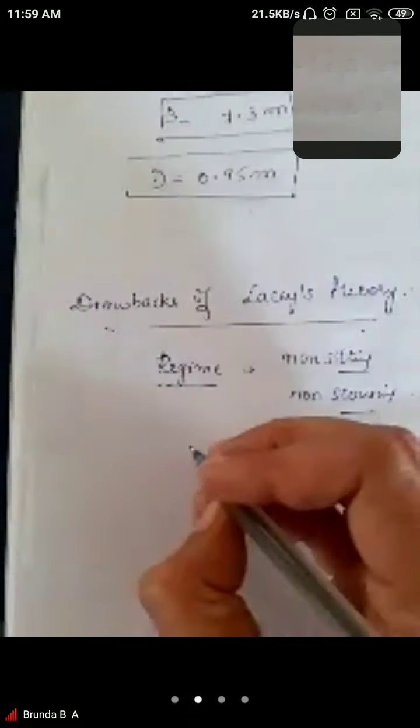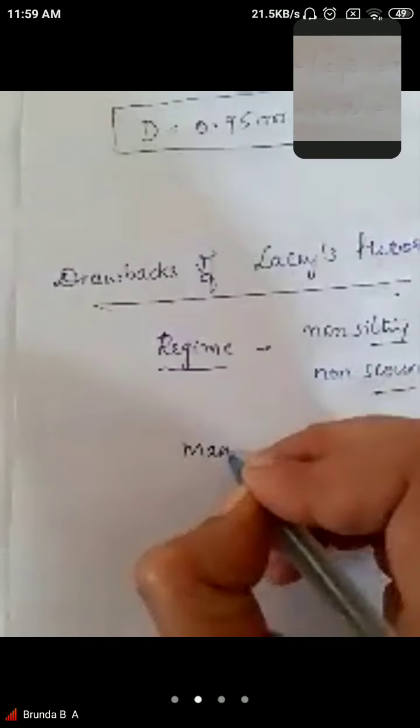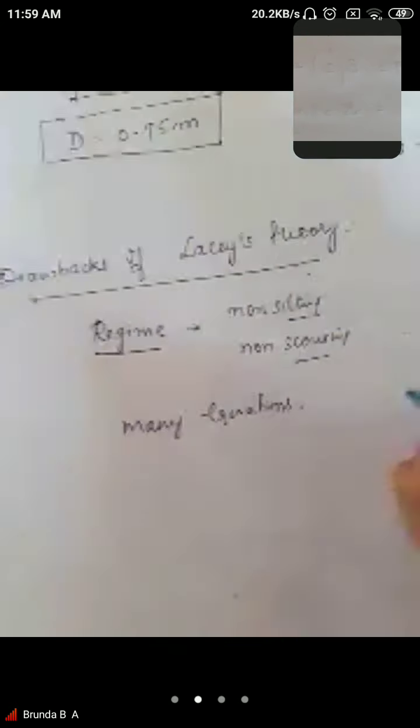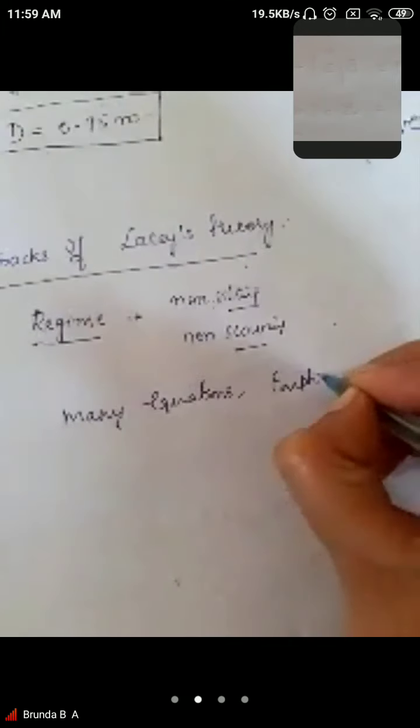Based on experiments, he has derived that value, but nowhere has he specified the importance of the value, right? So he has given many equations, but all of them are empirical.